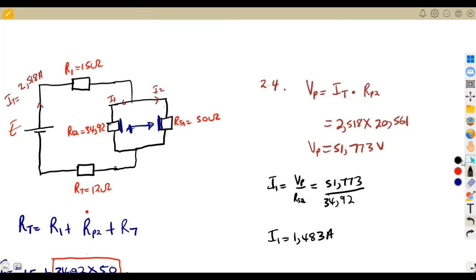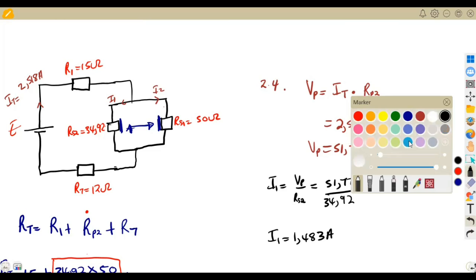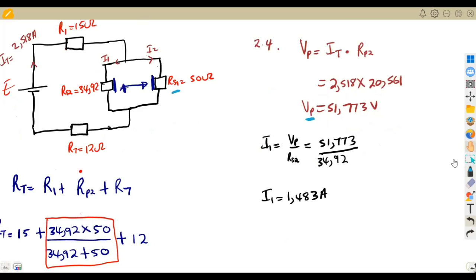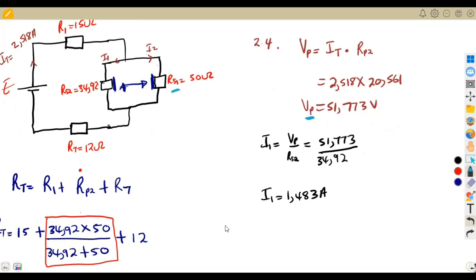Then we move on to current 2. Our current 2 here is going to use the same voltage, because voltage is the same in parallel. So the voltage in parallel is divided by the resistance that is affecting our current 2. So our current 2 is going to be VP over the series resistor that we had, our RS1, which we calculated before.